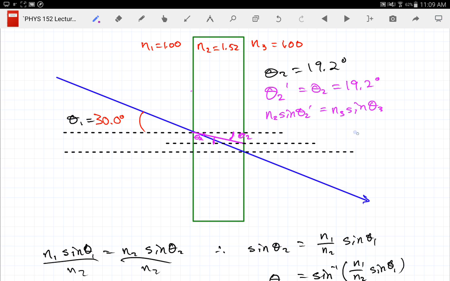Well, I won't just jump to the answer because I'm guessing people didn't follow everything I said. If you put in your numbers, that's going to be 19.2 degrees.